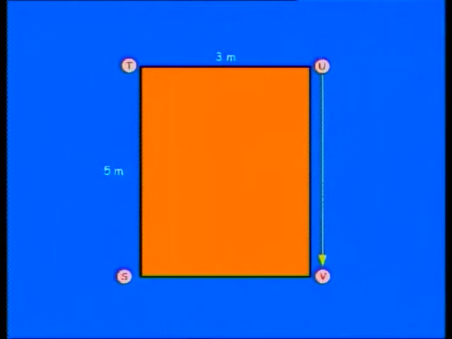U to V is 5 meters. V to S is 3 meters. 5 meters plus 3 meters plus 5 meters plus 3 meters is equal to 16 meters. The perimeter of the yard is 16 meters.